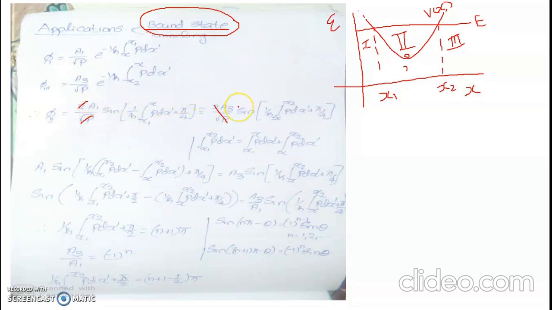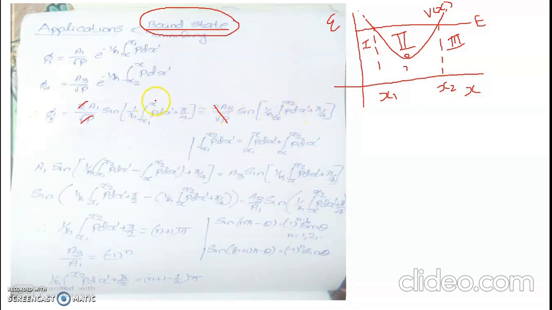A1 I can take to the right side and I will make some arrangement for this integration. See, I have integral x1 to x p dx prime on the left side and x to x2 p dx prime on the right side. And the constant part that I can have is integral from x1 to x2. So I'll have to incorporate integral x1 to x2 p dx prime with this term or with this term.